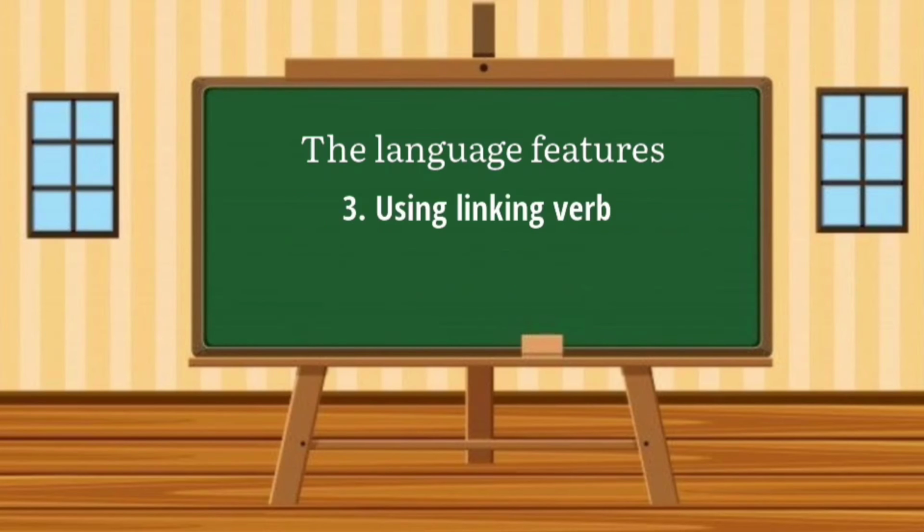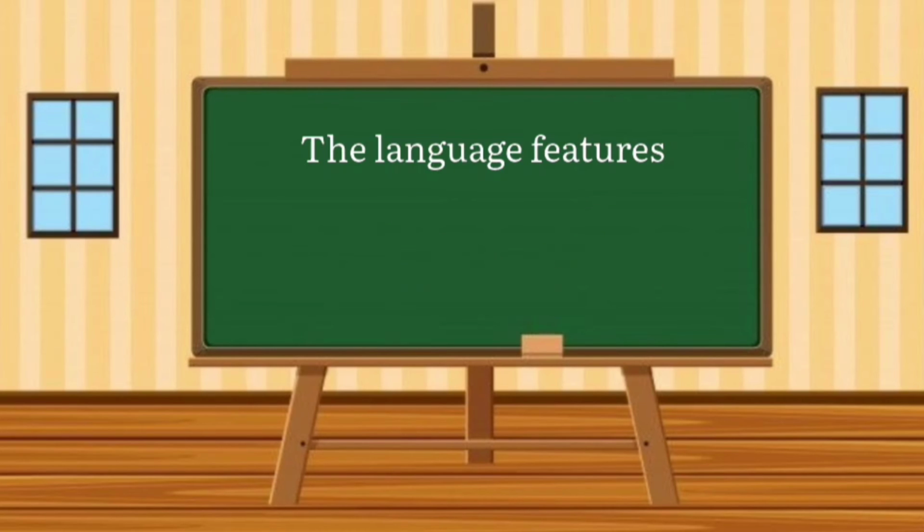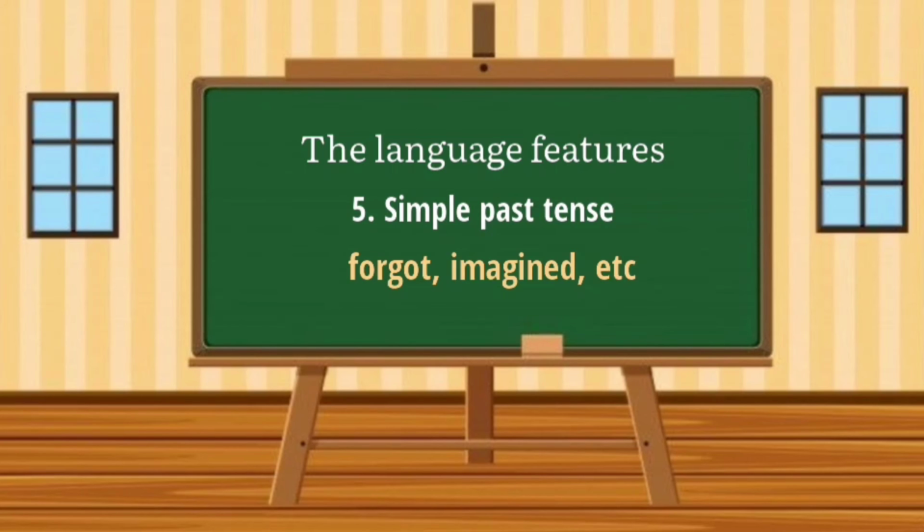Third, using linking verbs, for instance, was and were. Fourth, using action verbs. For example, sent, thought, and so on. And the last one is using simple past tense. For example, forgot, imagined, and so on.